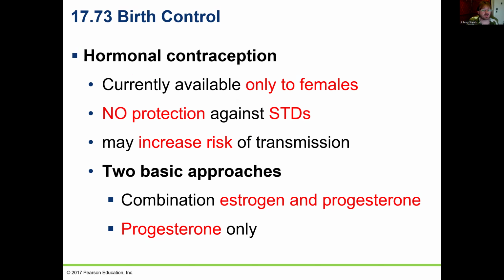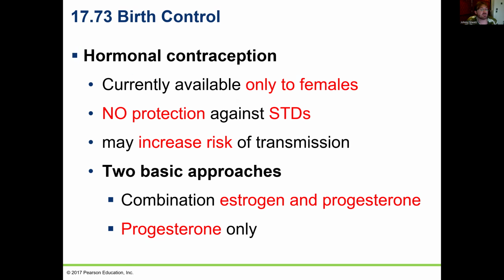Hormonal contraception is currently available only to females, although I have seen some data on male implants recently that are pretty successful, so that's kind of cool. It does not provide any protection against STDs. And in fact, because sometimes the hormones can have an immunological effect, some people do not react well to them.